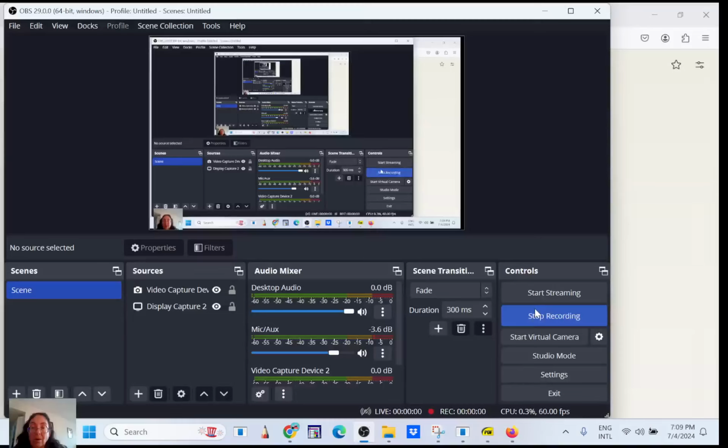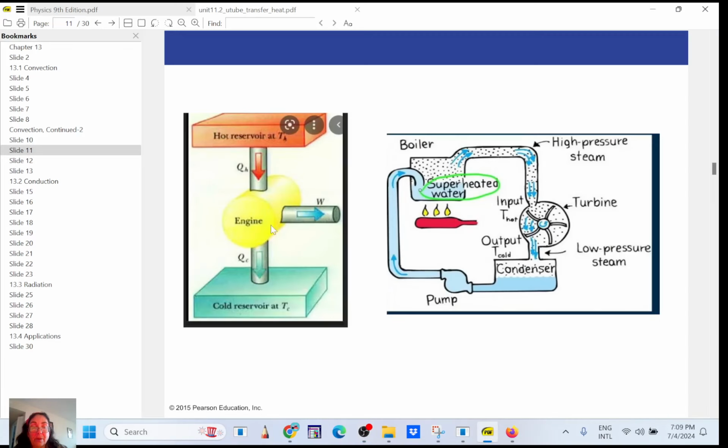So anyway, here you have the heat engine principle, and you see that heat, as I've said several times, always flows from a hot reservoir, which could be called, for example, a source, to a cold reservoir, which is called the sink. And this way you can harvest mechanical work.